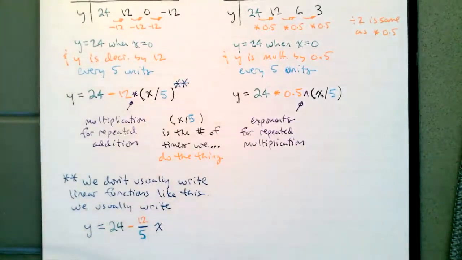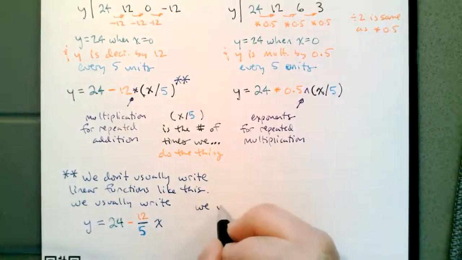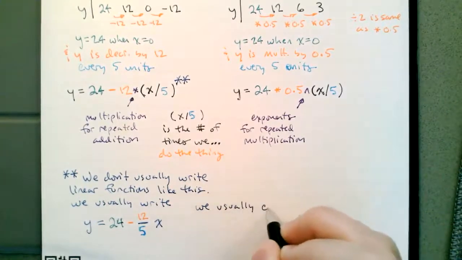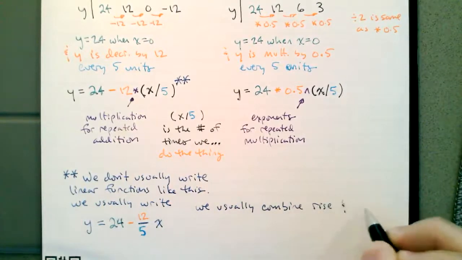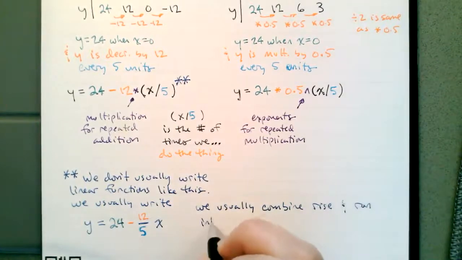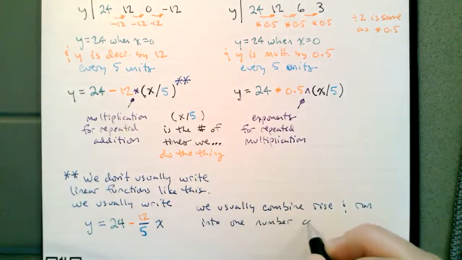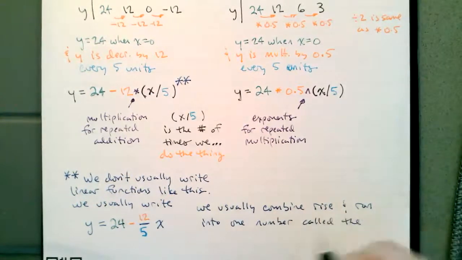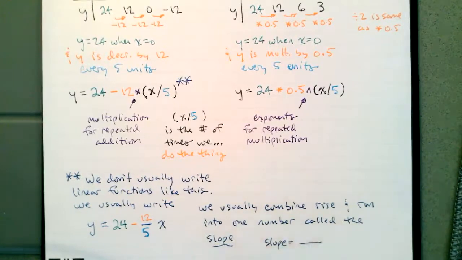We usually combine the rise and the run into one number called the slope, where slope is equal to the rise over the run.